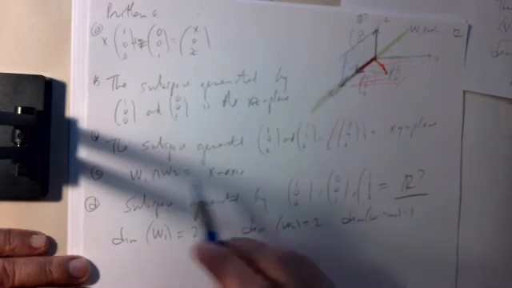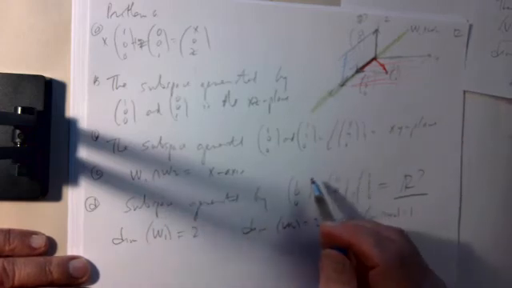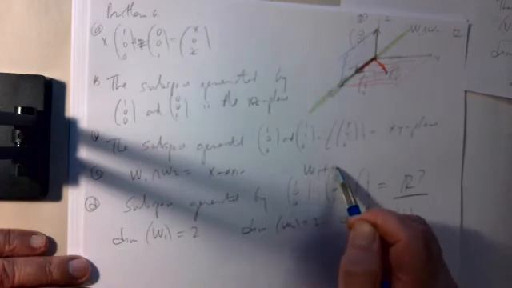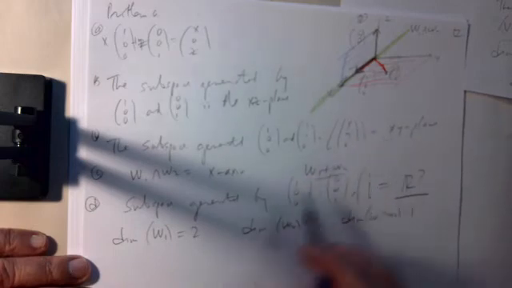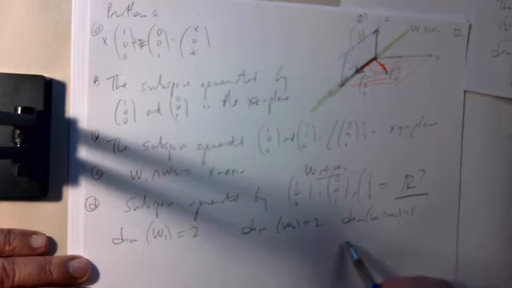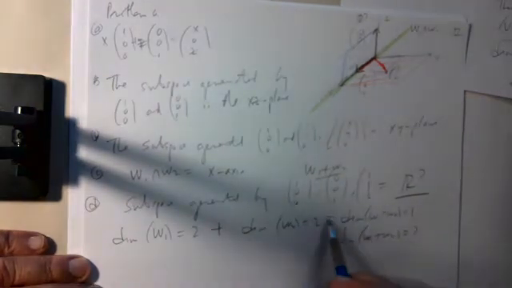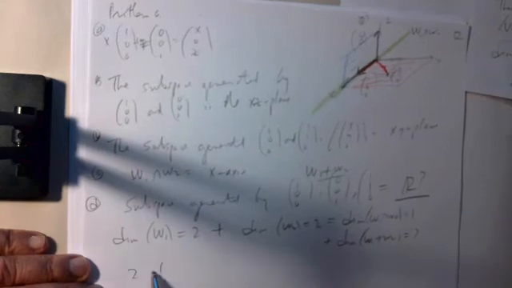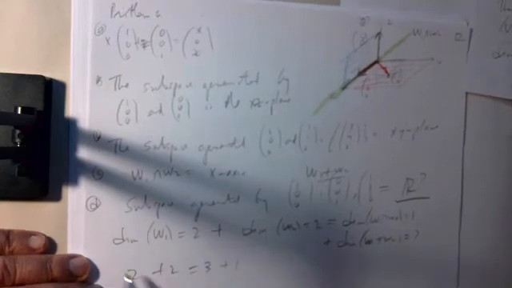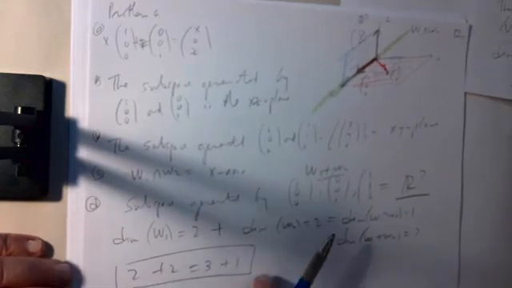And what I should have said is the subspace generated by W1 plus W2. And that's equal to R3. The dimension of W1 plus W2 is 3. And you look at this plus this equals this plus this. 2 plus 2 equals 3 plus 1, which is true.